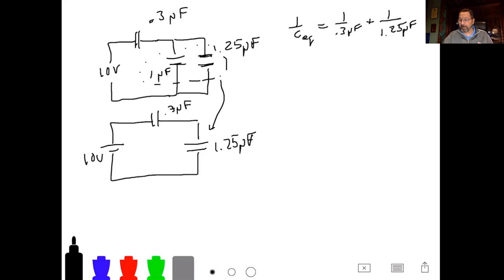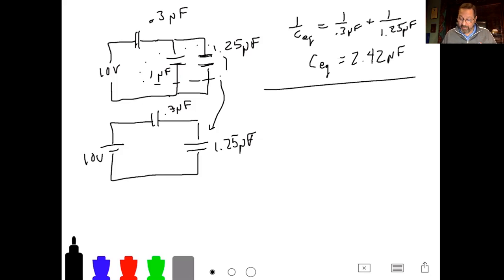I've seen a lot of people take 1 over 0.3 and 1 over 1.25, add those, and call that the result. Remember, once you've added them, you've got to take the reciprocal again. When I did that correctly, I found that the equivalent capacitance is 2.42 microfarads. You might practice that to make sure you can do that calculation, because it comes up over and over again in this business, like maybe on the second midterm.